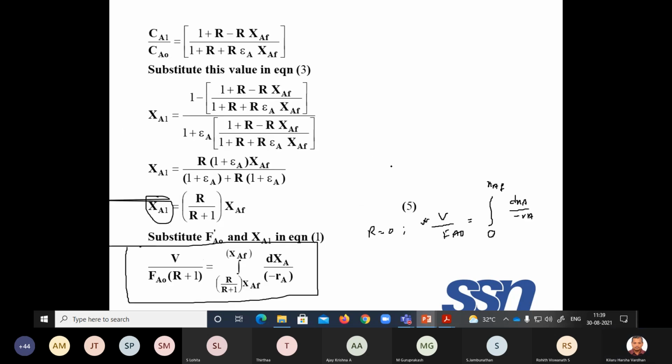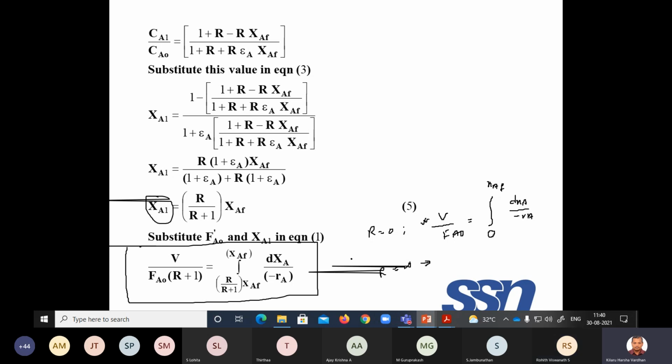Now my second question. When R tends to infinite, what is going to happen? Just imagine V by FA naught, R plus 1, infinite plus 1. How much is it? Infinite.